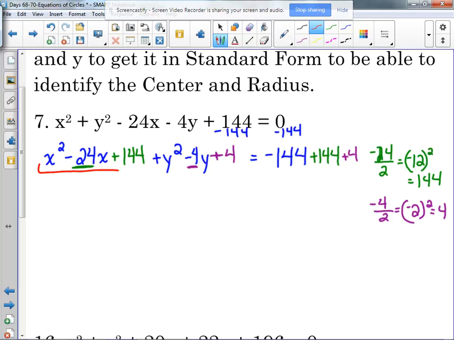We have now turned this right here into a perfect square trinomial. Every single time it's going to factor into x plus or minus whatever that number was that we squared. So we squared negative 12, so it's x minus 12 squared. Every time. That's how it turns out. Plus, same thing for the y's. We squared negative 2, so it's y minus 2 squared.